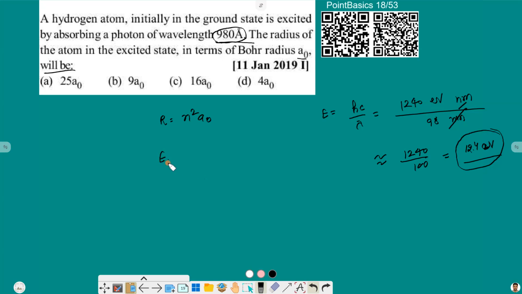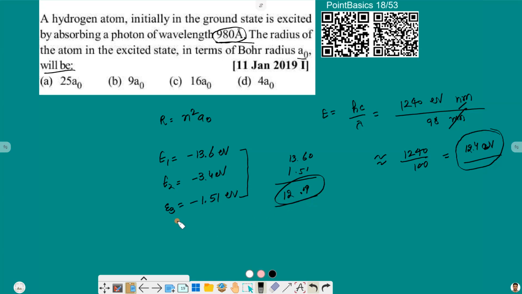So for the first level, a hydrogen atom has an energy of minus 13.6. For the second, it will be minus 3.4. For the third, it will be minus 1.51 electron volt. And now if I find the difference between first and third, that will be 13.6 minus 1.51, so that will be 12.09.